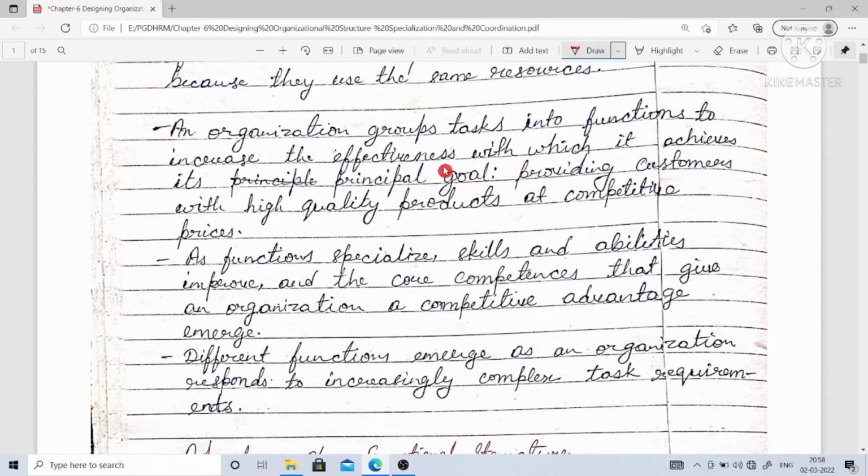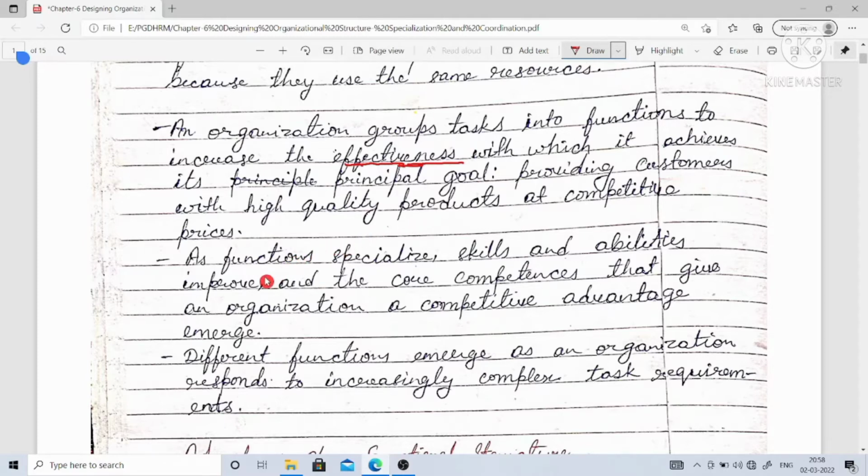To increase the effectiveness with which it achieves its principal goal, providing customers with high quality products at a competitive price. If effectiveness increases by grouping different tasks into functions, it results in providing customers with high quality products at competitive prices.